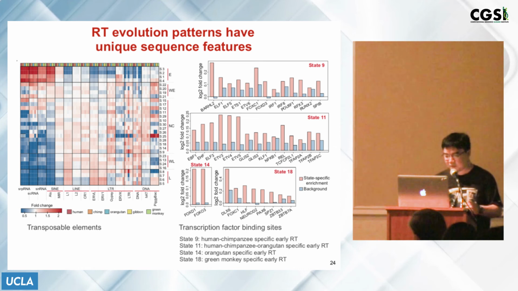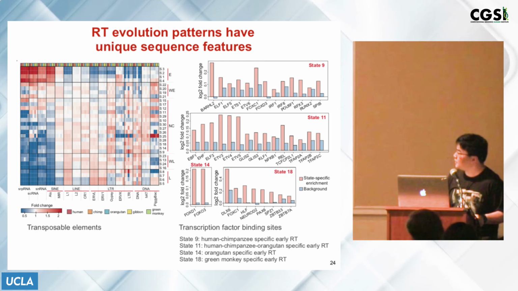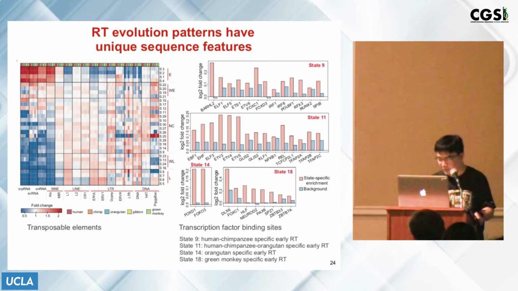We did see some signals, but it's still rather preliminary. For instance, for the human-specific early state 9, you see a lot of ETS and Fox family TFs. Their motifs look enriched here.